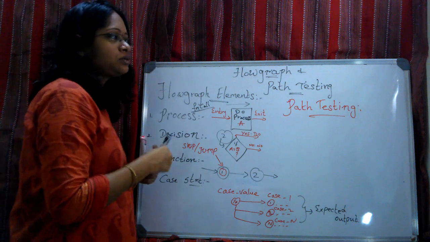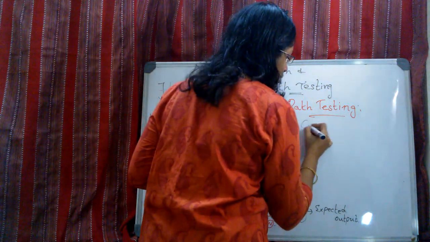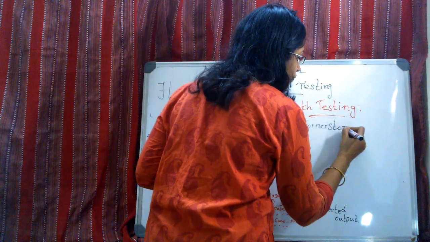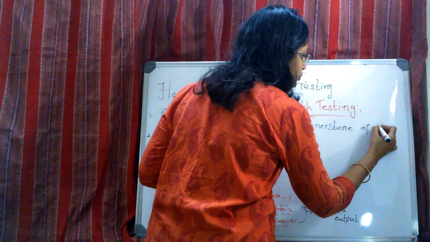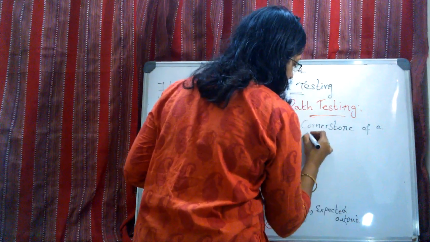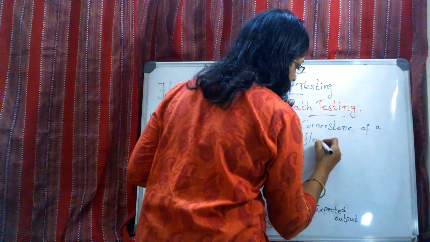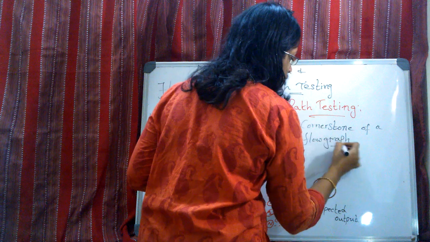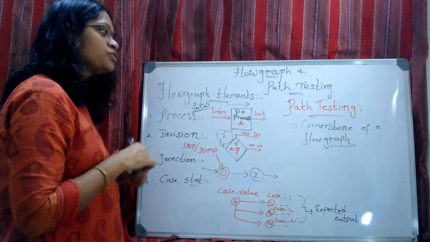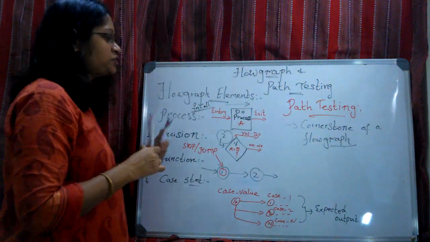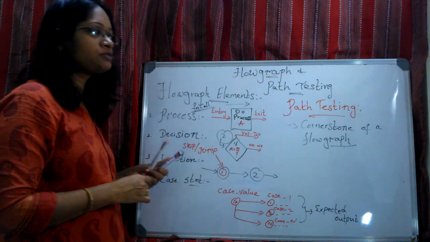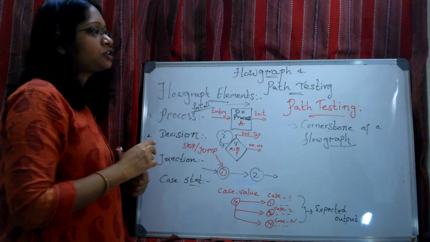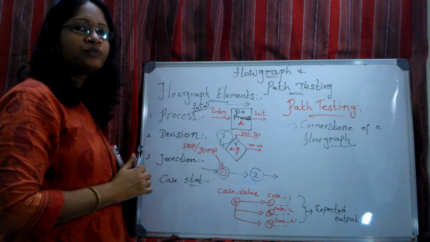So path testing is called the cornerstone of a flow graph. By using these control flow elements we get a particular testing output. That's why we call it the cornerstone of your flow graph.